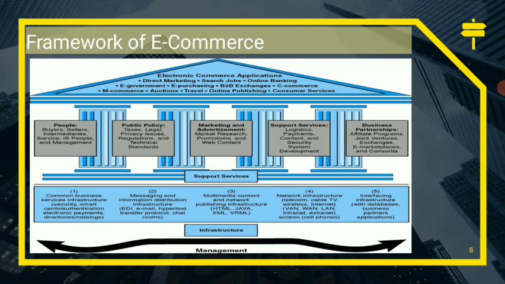digital business. Para mas maunawaan natin, ang framework na ito ay nagpapakita ng 5 major aspects, which are the people, public policy, marketing and advertisement, support services, business partnership. Ito yung nagsisilbing pillar ng e-commerce kung saan kailangan ng mga support services, kung saan dito naka-enumerate yung 5: yung common business services, kailangan din natin ng EDI o yung tinatawag na distribution of infrastructure.